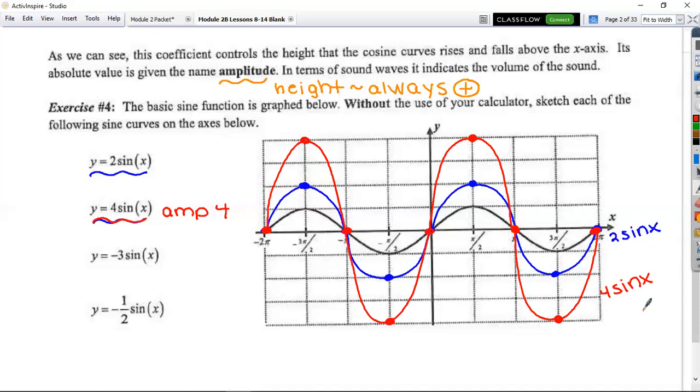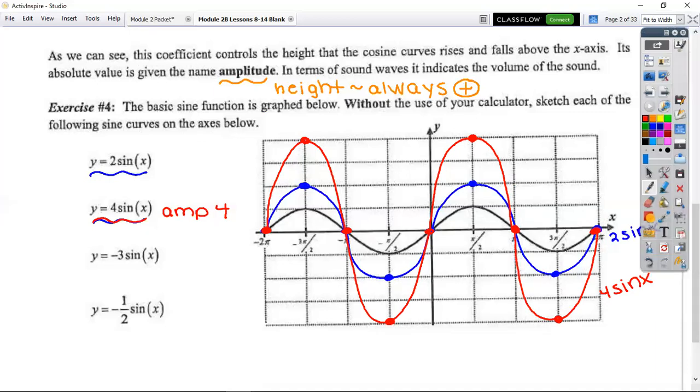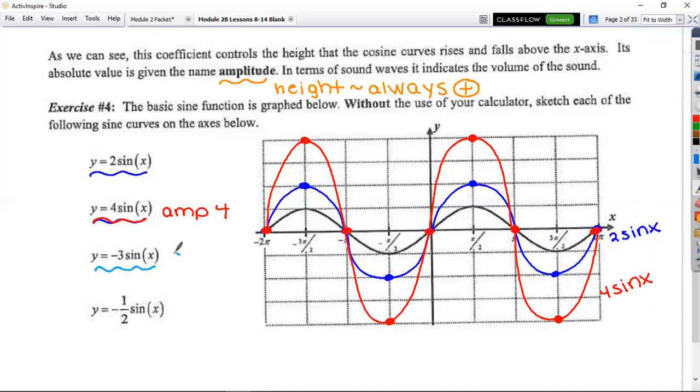So there's 2 things you have to consider with this one. So what does the negative mean it's going to do? Flip. Yep, reflect. Excellent. So this is a reflection over the x-axis with an amplitude equal to 3. So amplitude is +3, and then this is also going to reflect over the x-axis.